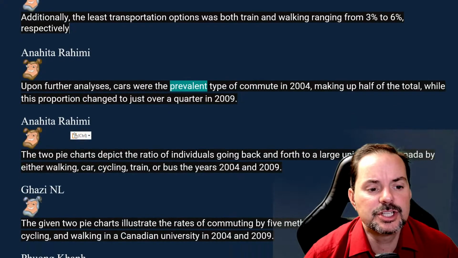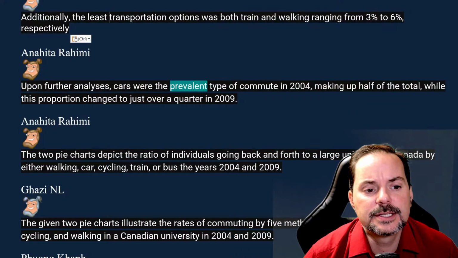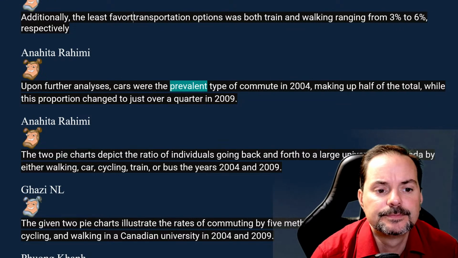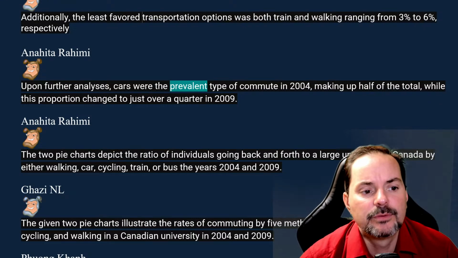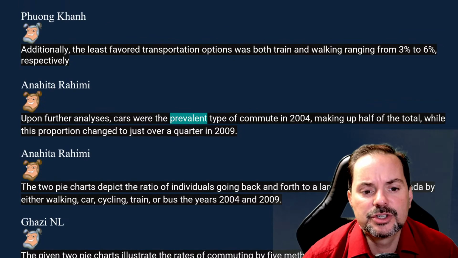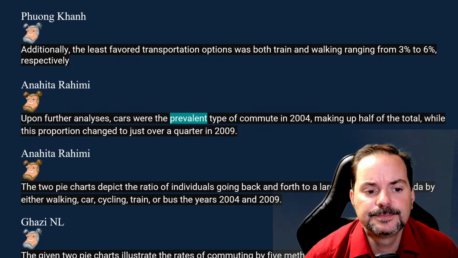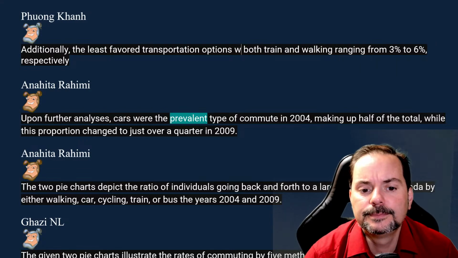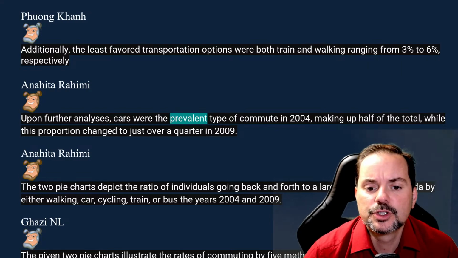Phuong says, additionally, the least favored, okay, there's a missing word there, Phuong. Additionally, the least favored transportation options were train and walking, ranging from 3 to 6% respectively in both years.